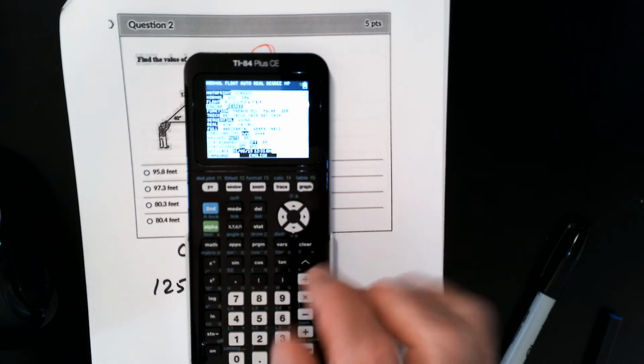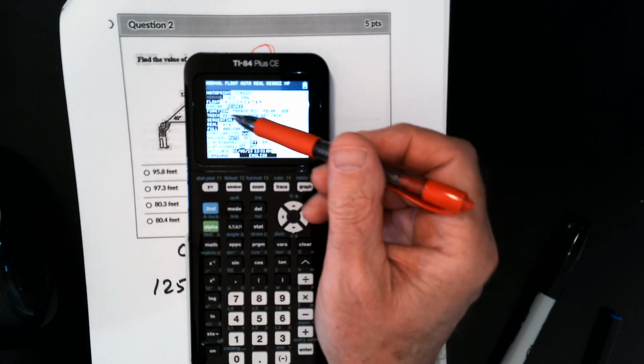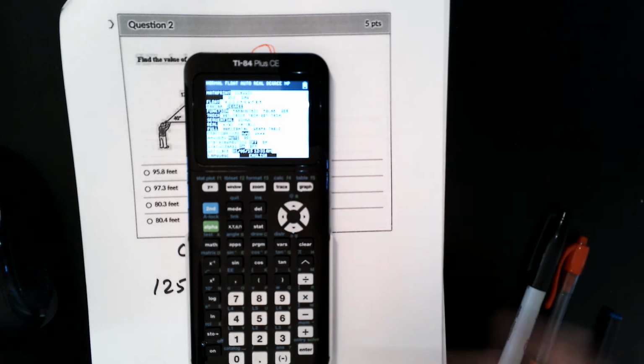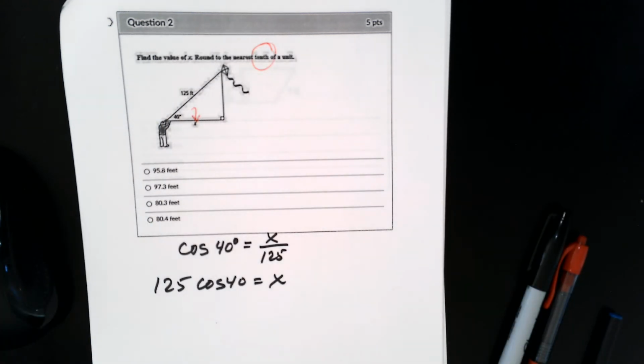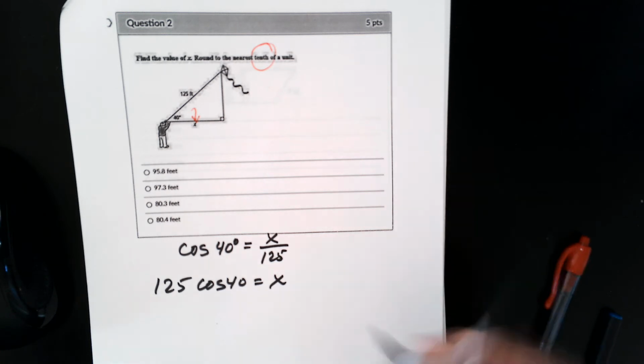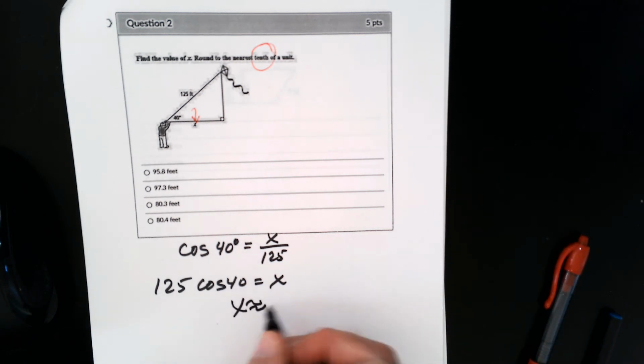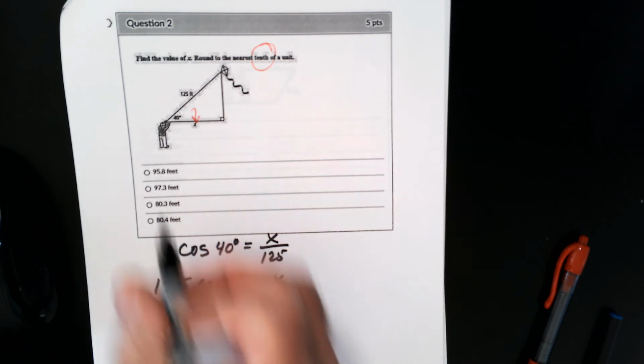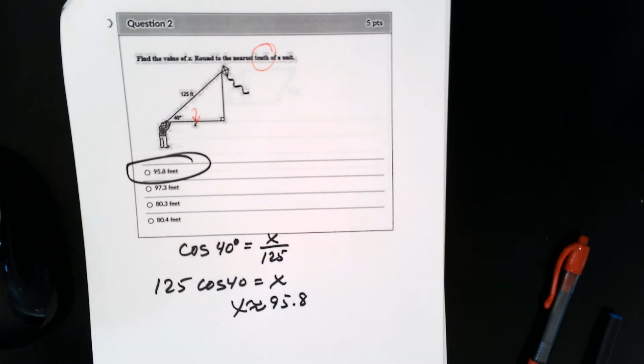You go in it and make sure, and yeah, mine's already been highlighted, degree. So I'm good to go. I'm going to type in 125 cosine 40, hit enter, and it's 95.8. And so that would be that first one right there.